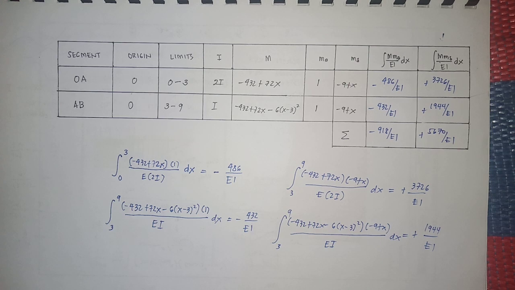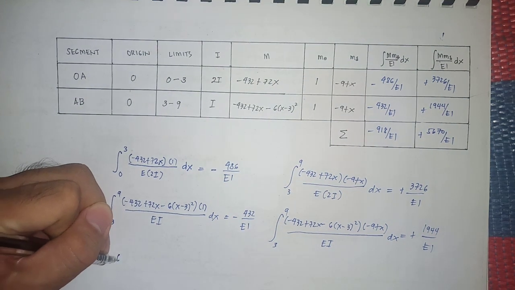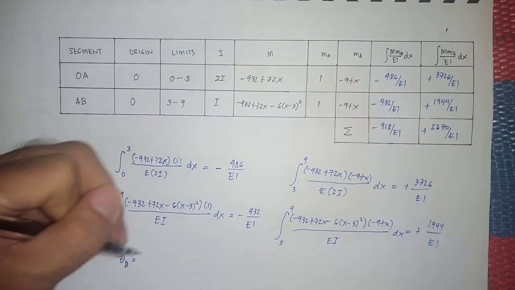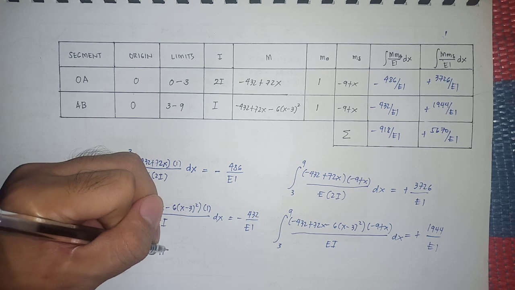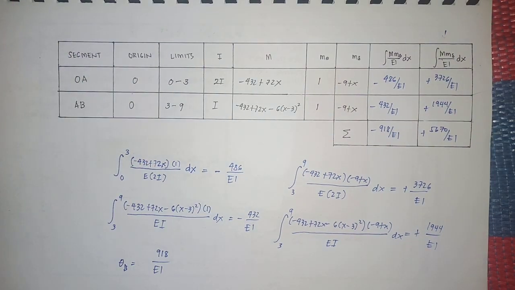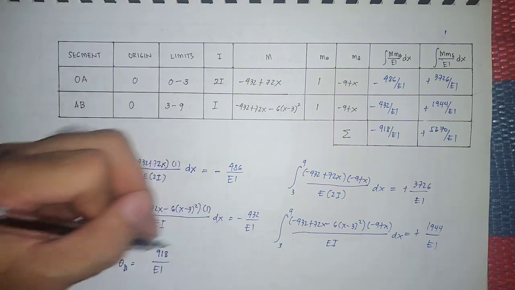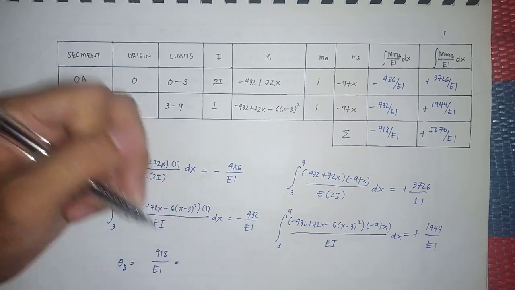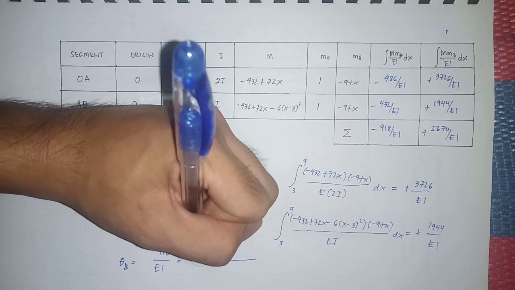So, for the numerical value ng slope, for theta B, what is this? Kunin na lang natin yung magnitude, no? 918 over EI. But what is EI? Yung E kanina ay I think 70.